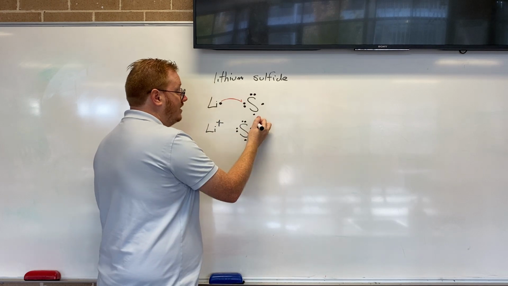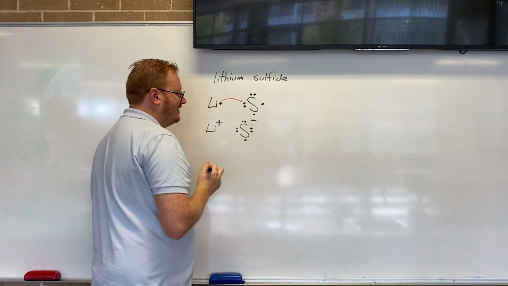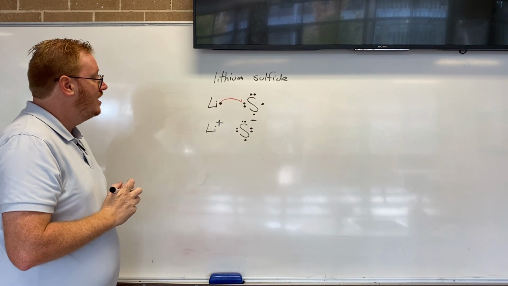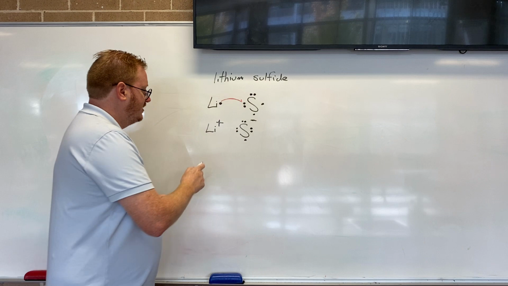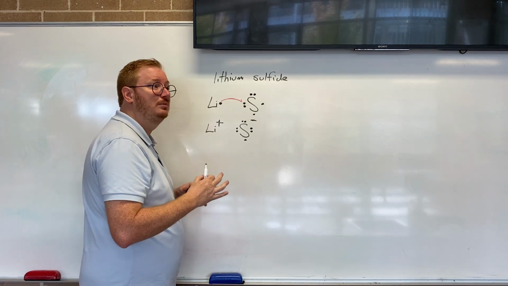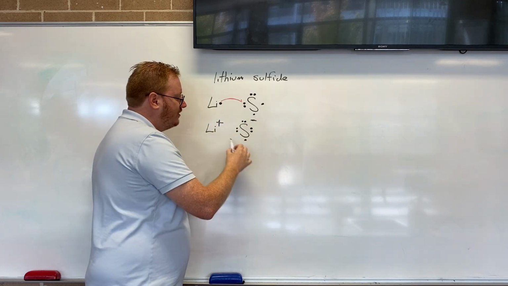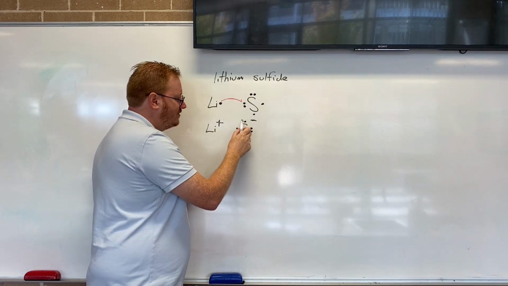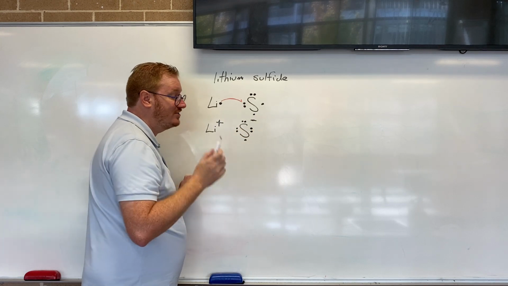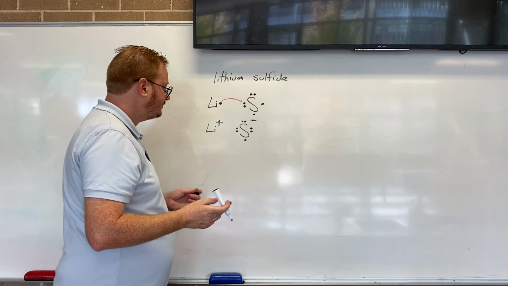It's now getting towards sulfide. It's now got a negative charge. Okay, let's count the electrons around each. 0 electrons around lithium. It therefore has a full outer shell below that. It's stable. Sulfur here has 1, 2, 3, 4, 5, 6, 7 electrons. It's not stable. It needs to complete its outer shell.